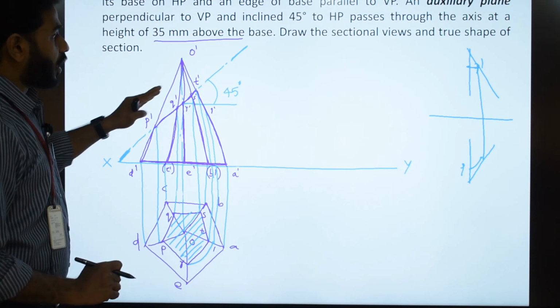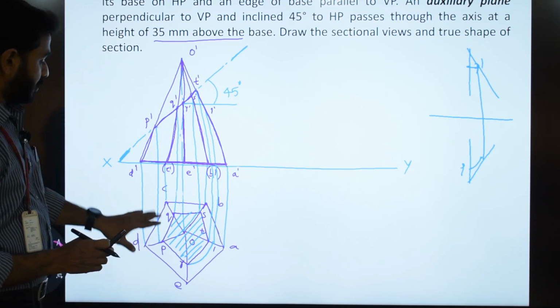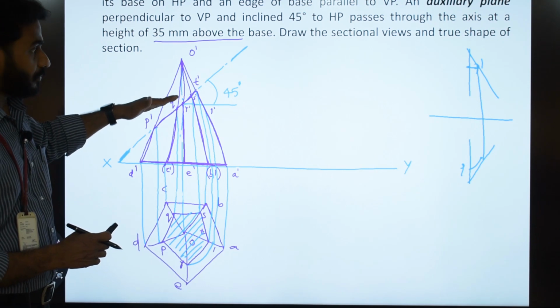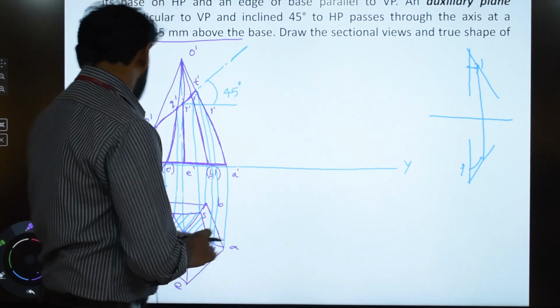Now here you are also asked to draw the sectional views. So we have completed the sectional views. This is the sectional top view and this is the sectional front view. Now you are also asked to draw the true shape of the section.